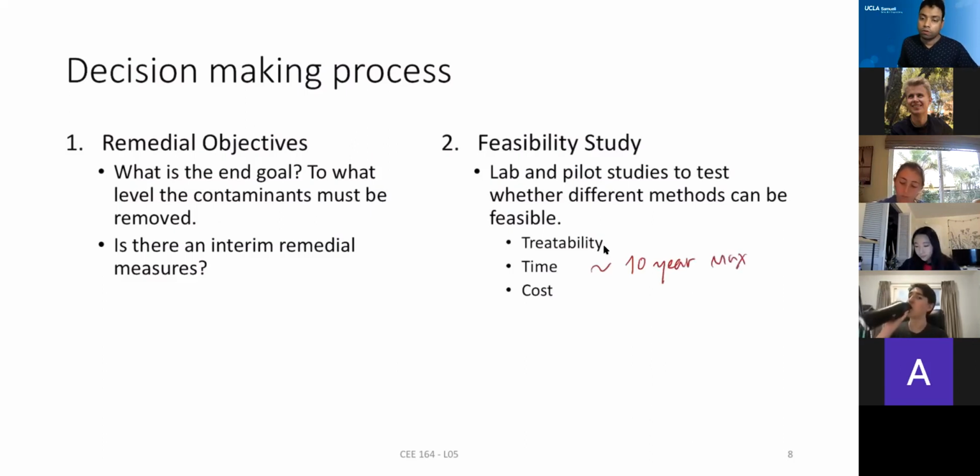You don't want a design where the operational cost is much more expensive than the material cost. So typical remediation projects should not exceed 10 years. On average, 5 years is a good time. Unless it's bioremediation, where you're not actively doing much, so it can extend for longer, but you are just monitoring it.